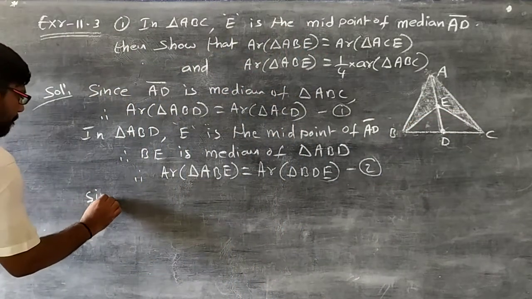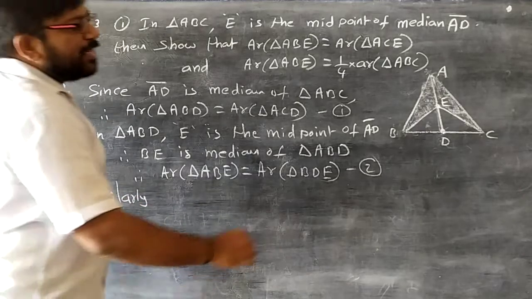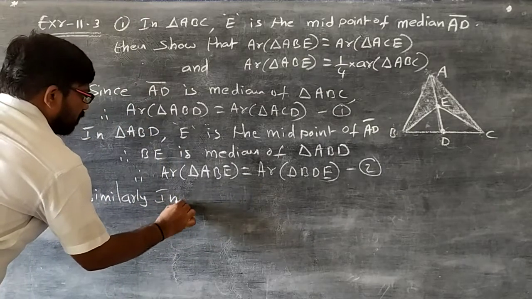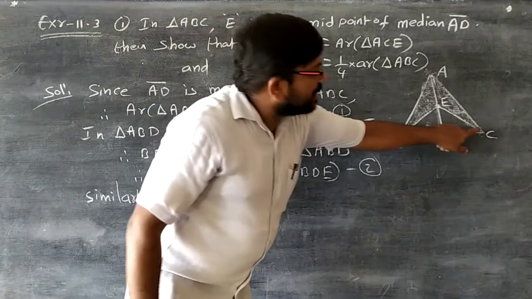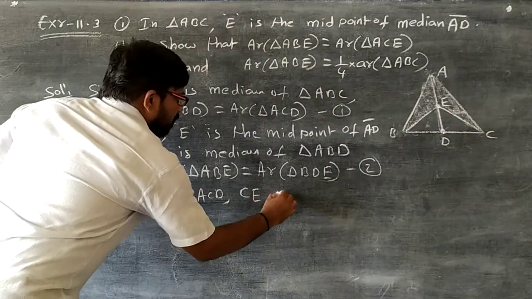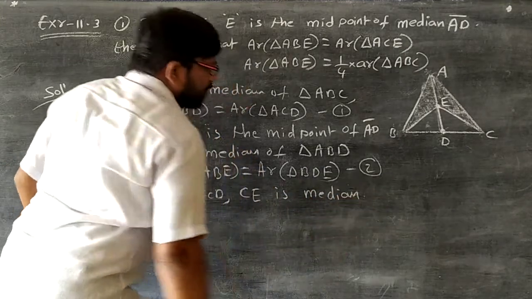Similarly, in triangle ACD, which is the median? CE is the median, right?